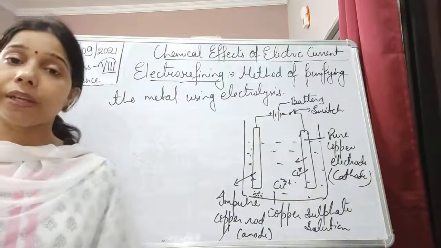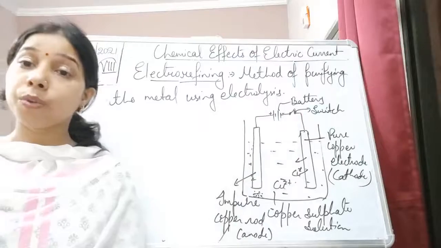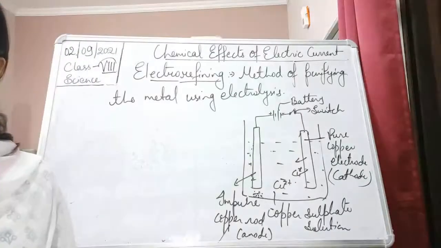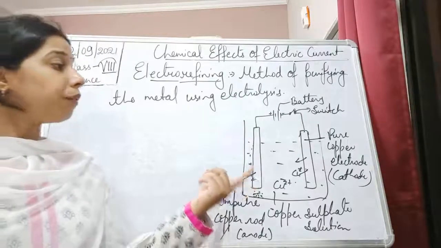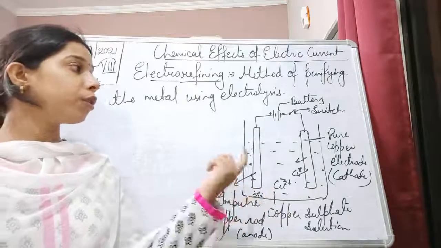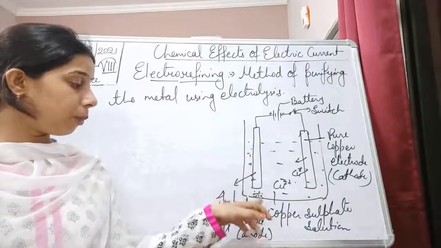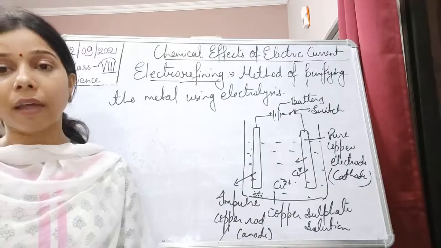This is how we can purify the metal, students. So the pure copper electrode purifies the impure one, and the impurities can be found at the base.